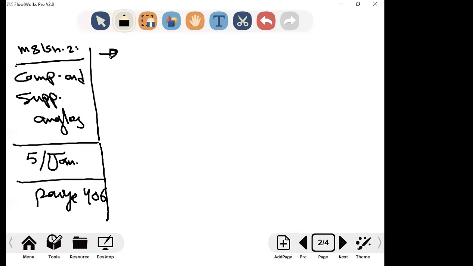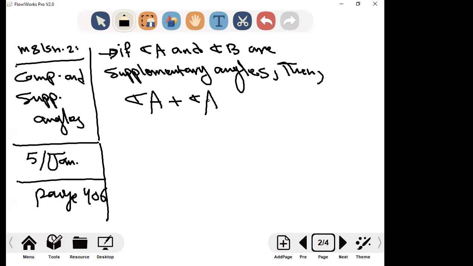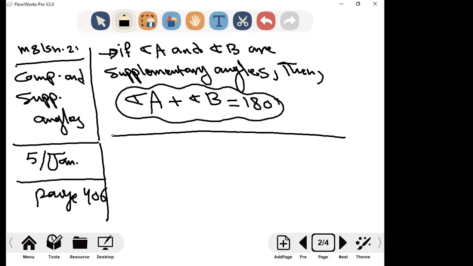So here, if angle A and angle B are supplementary angles, then angle A plus angle B should be always 180. This is our formula. Let's go to example.